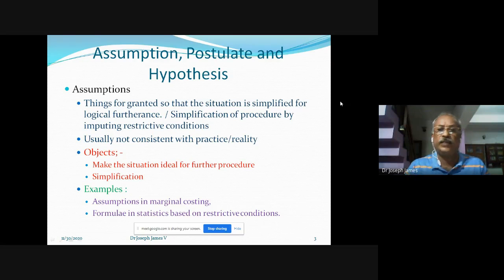The objective is simply to simplify the situation so that we can make further progress. Such unrealistic inputs may be considered assumptions, made simply for simplification of a complicated situation.